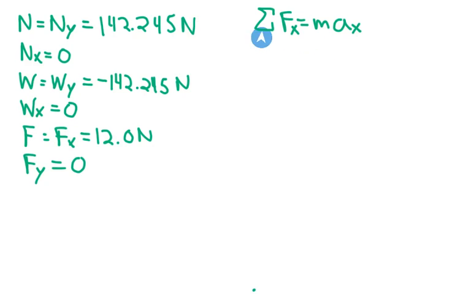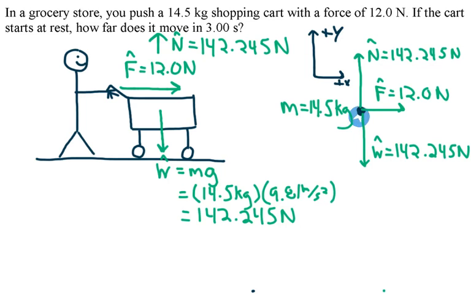The left-hand side says sum up all the forces that we have in the x direction. That should be really easy because we only have one force in the x direction, and that's the force that you're applying. So if I sum up all the forces in the x direction, it's just going to be 12.0 newtons. We know that's going to be equal to the mass of the object that is moving. In this case, that's our point particle, the cart.